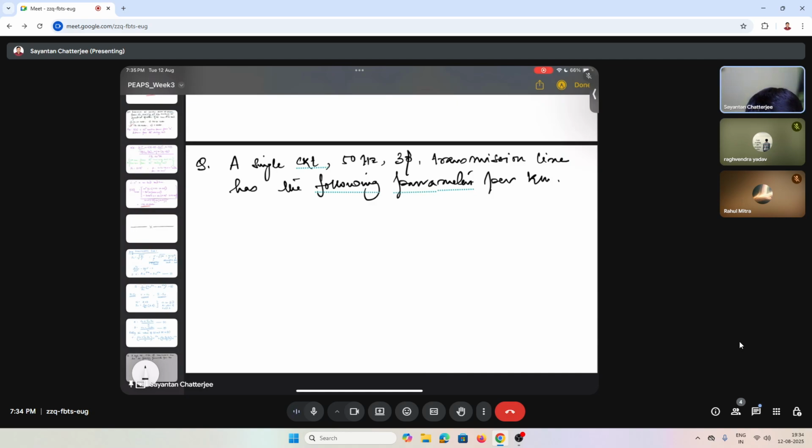So the parameter values: R is 0.2 ohm, L is 1.3 millihenry, and C is 0.01 microfarad.